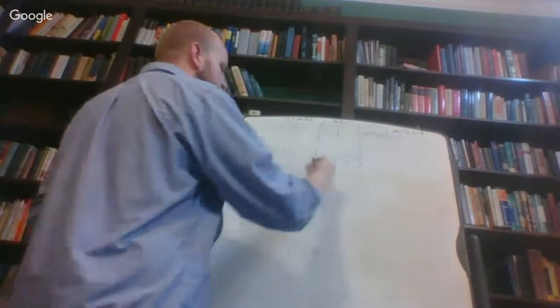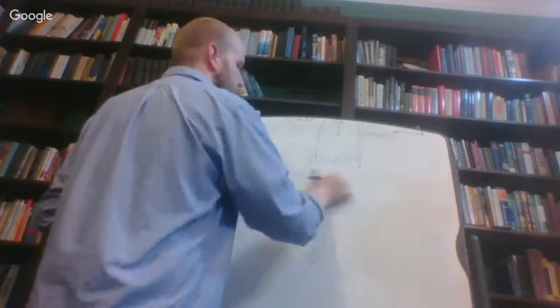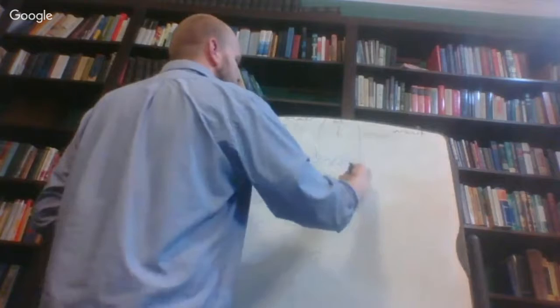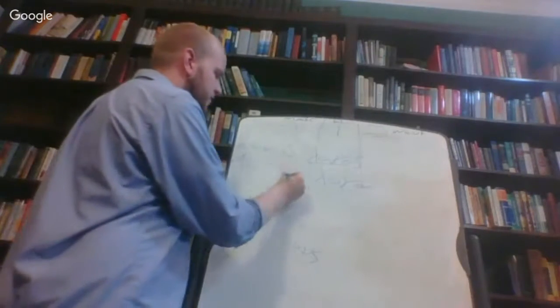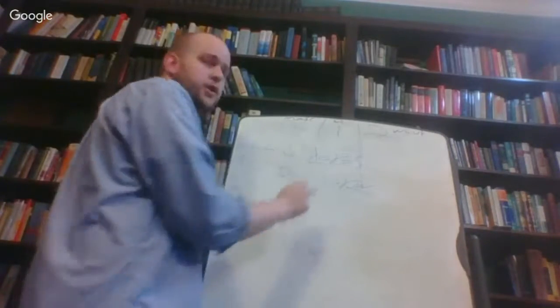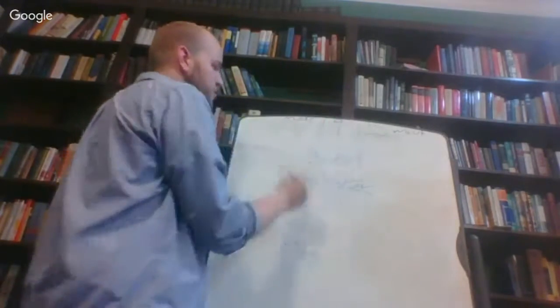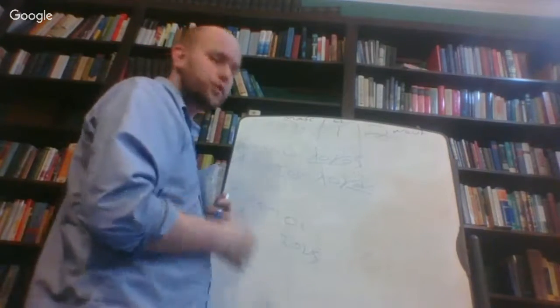Ho logos. Now this is where it's actually pretty cool. Ton logon. See how we have the same here and here? So the article will tell you not only gender, but it will also tell you function.